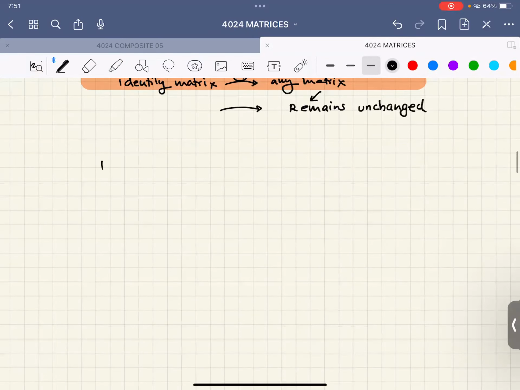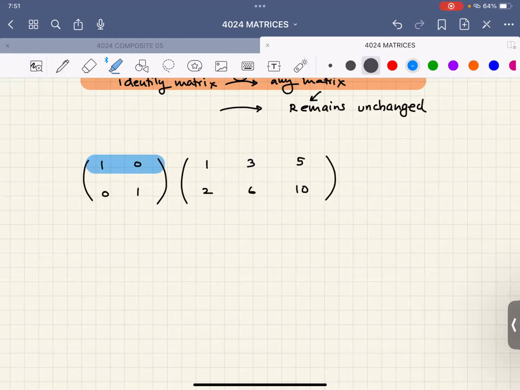For example, let me write 1001. Let me write 1, 2, 3, 6, 5, 10. And if I multiply it out, so this is 1, 0, and then the first column, then the second column, then the third column. First of all, this is a 2 by 2 matrix.